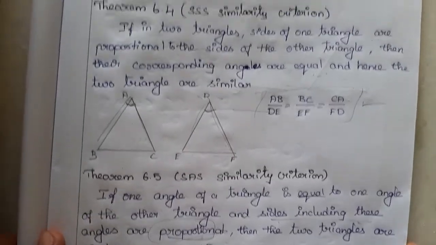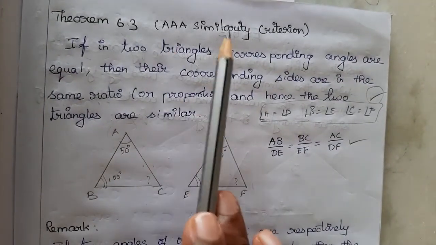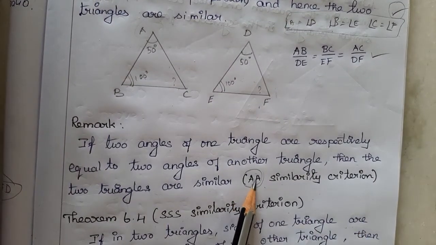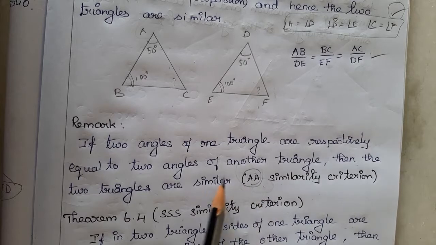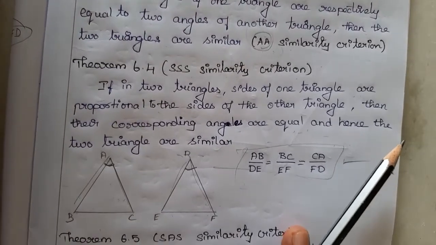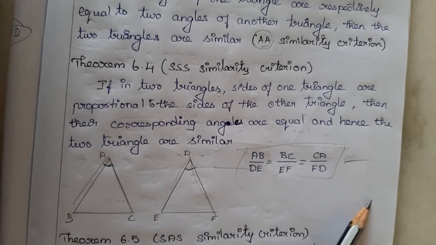So we have learnt 4 criteria. First criterion is triple A. If we prove that 3 angles are equal, then we can say that both the triangles are similar. And also it is enough to prove that 2 angles are equal. Then also, by the similarity criterion, both the triangles are similar. The next criterion is triple S. If all the 3 sides of the 2 triangles are in proportion, then the 2 triangles are similar.